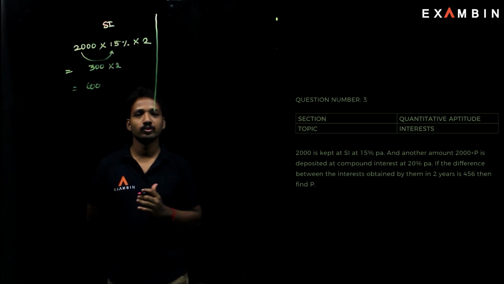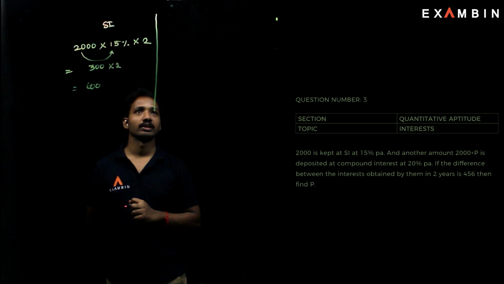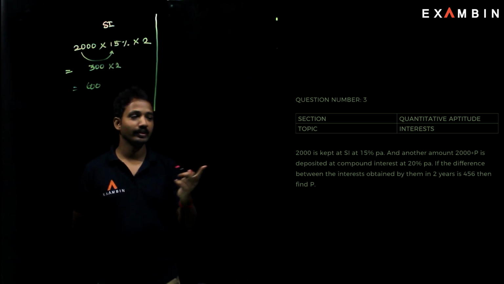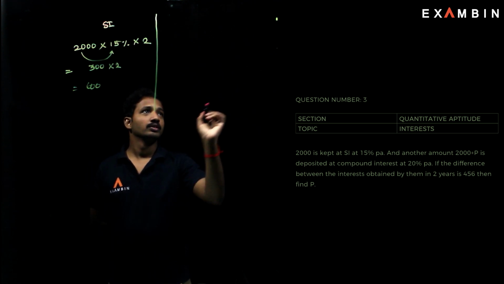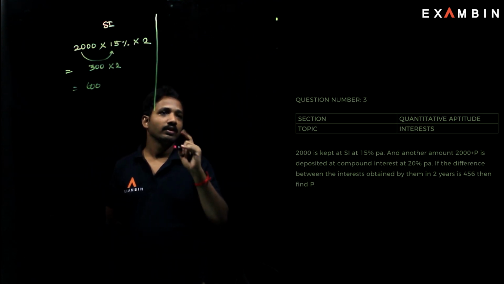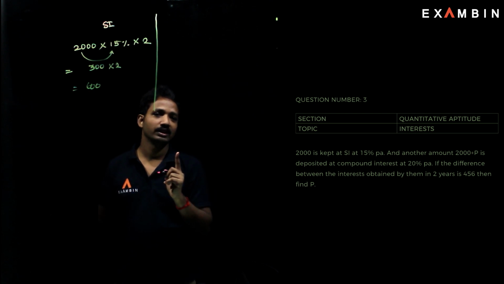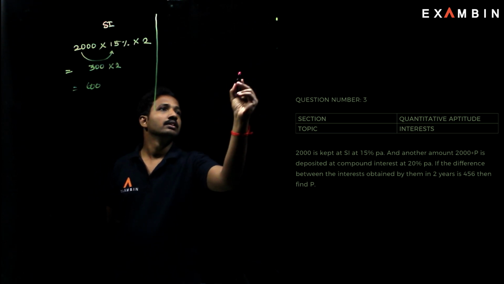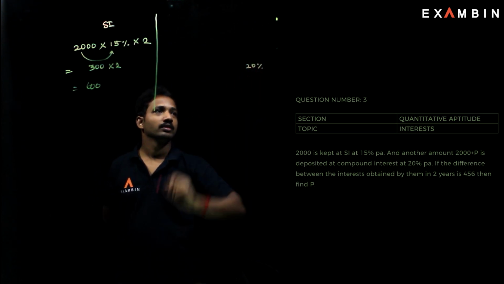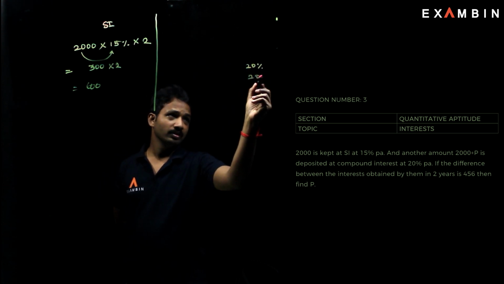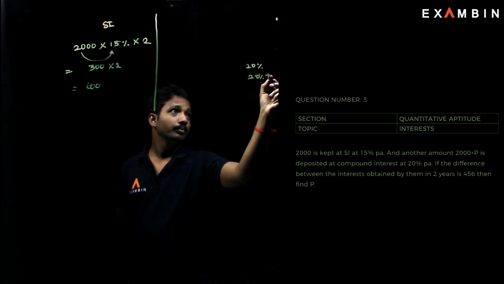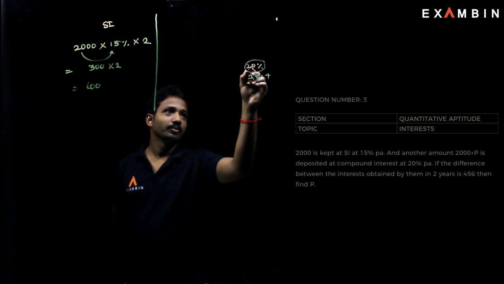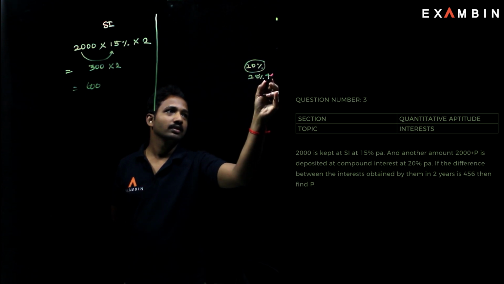Here I am not going to use the traditional formula for compound interest. It is only a factor of 2 years, so I am just converting that 20% into a normal interest rate. For the first year, 20% compound interest is just like simple interest because it is compounded annually. For the second year, another 20% plus 20% of 20%, which is 2 into 2, 4%.